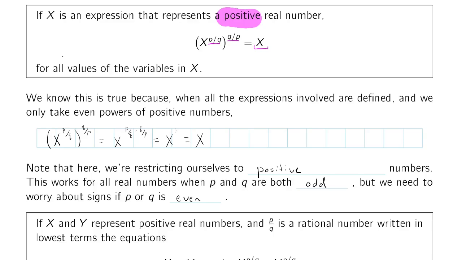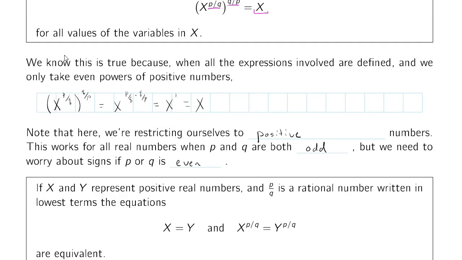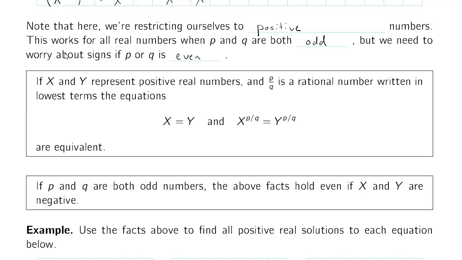Now, a second fact is that as long as, again, our expressions are representing positive numbers, if we take an equation x equals y, and we raise each side to the p over q power, we get an equivalent equation.